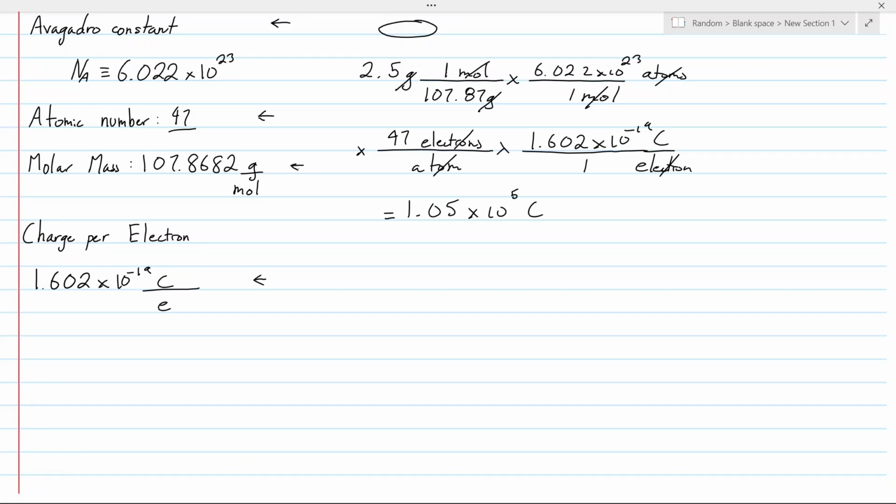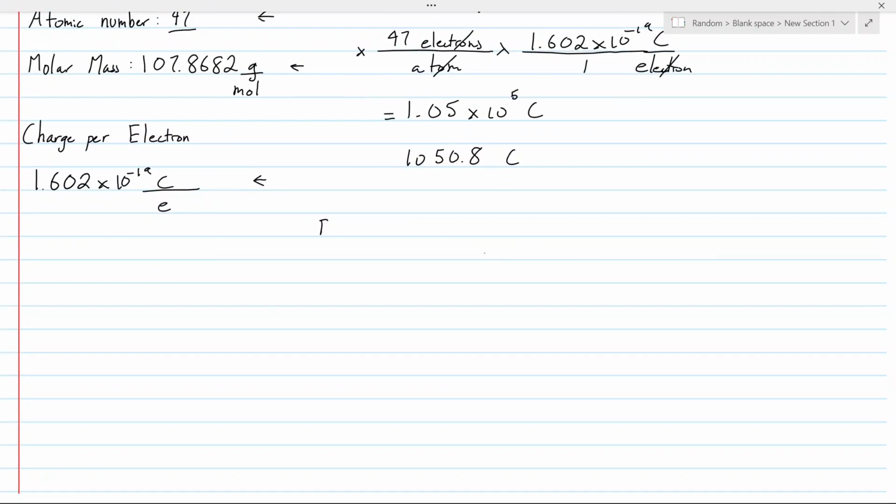So that would be the total charge of all the electrons. However, there's only a 1% imbalance. So we divide that number by 100, and we get 1050.8 coulombs.